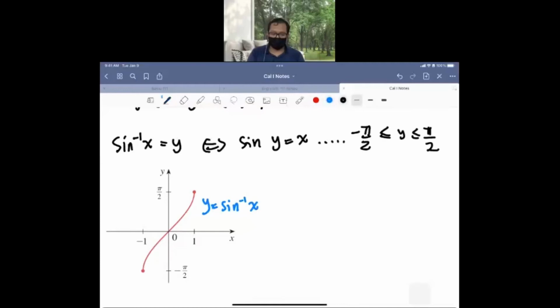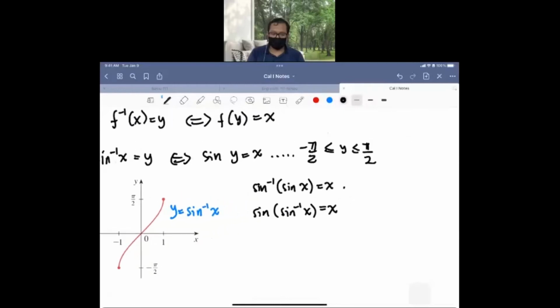And of course, all the properties of inverses will also be applicable. And we can make sure that the domain and range are correct.